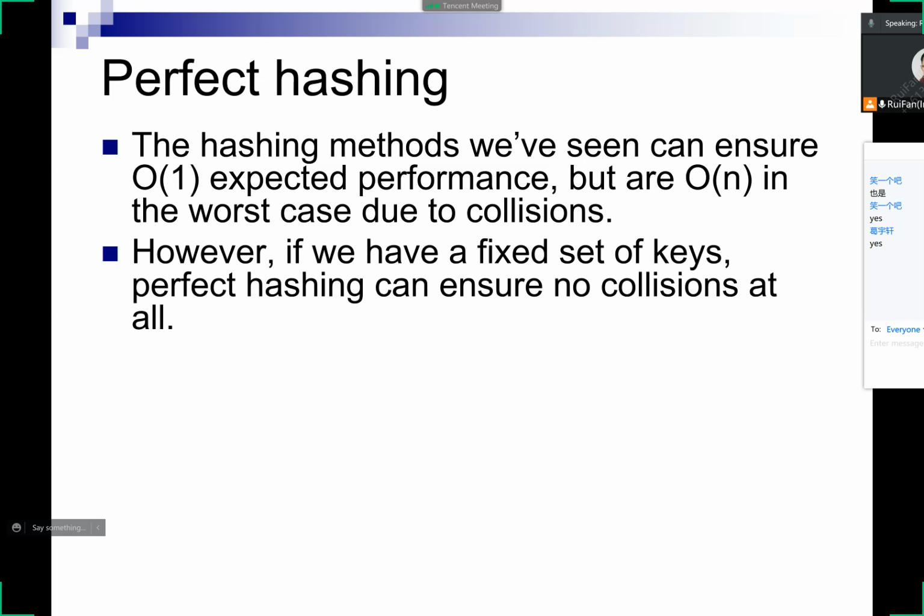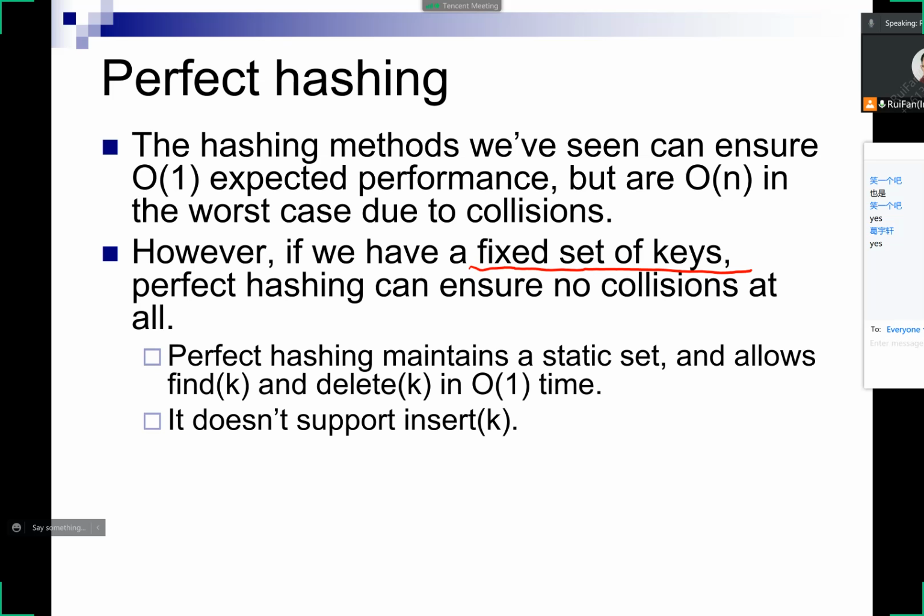Okay, so the final thing we're going to look at is something called perfect hashing. Perfect hashing is going to guarantee that you never have any collisions in your hash table, and that's why it's called perfect hashing. However, there's a restriction, which is that you have to work with a fixed set of keys. This means that you cannot add more keys to your set.